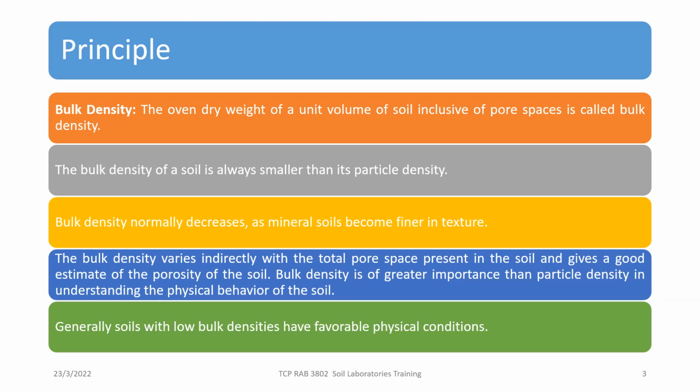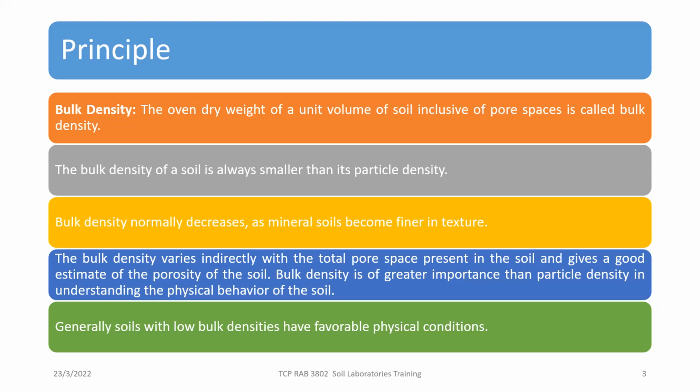The bulk density varies inversely with the total pore space present in the soil and gives a good estimate of the porosity of the soil. Normally, soil with high bulk density indicates that this soil has fewer pores within it.